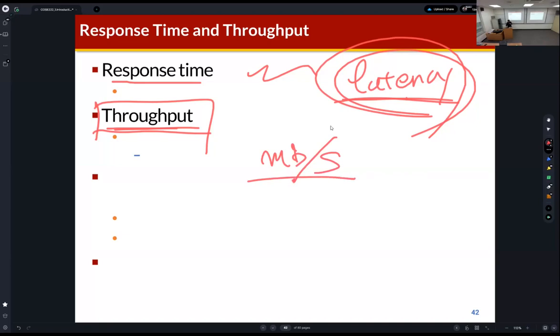This megabyte represents the size of data processed by a computer system, right? And then this amount of work is divided by time. That means the throughput. Actually, we frequently use this method like the flows.